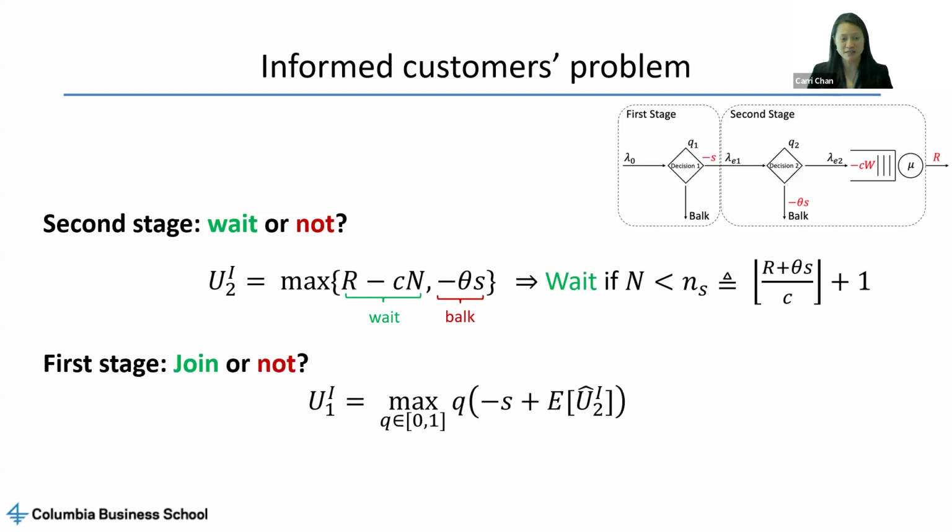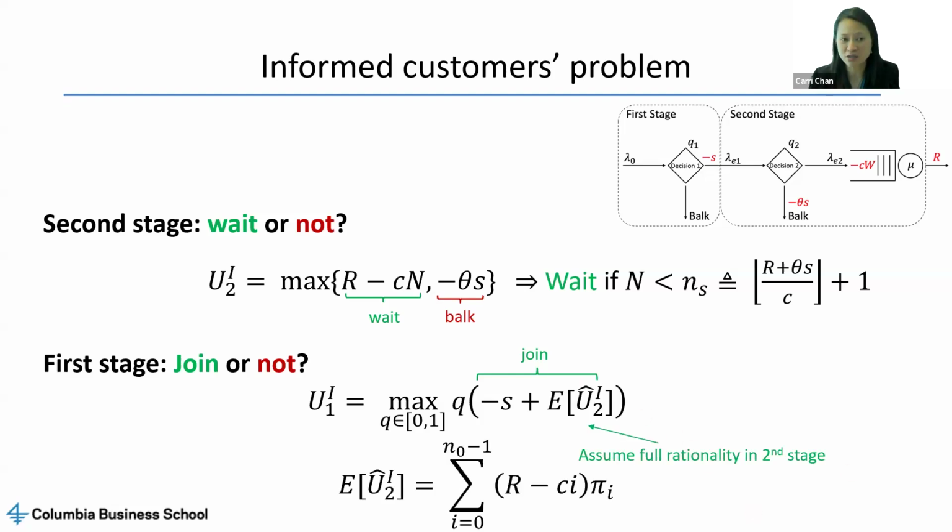In the first stage, now we have that similar decision. Do they join the system, or do they balk and incur no cost but have no positive revenue? If they join, they pay their sunk cost, and then they have their expected utility in the second stage. Here, again, we assume that the customer believes themselves to be fully rational in the second stage.